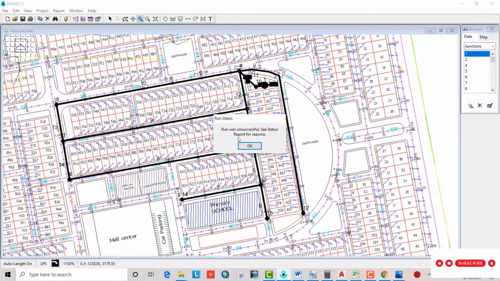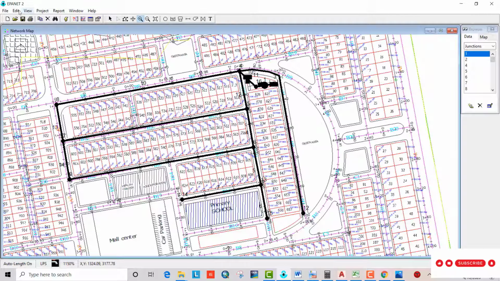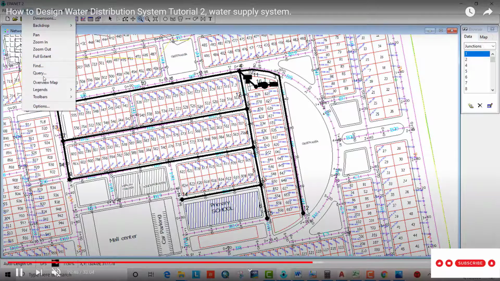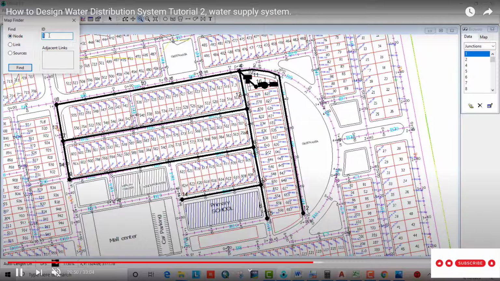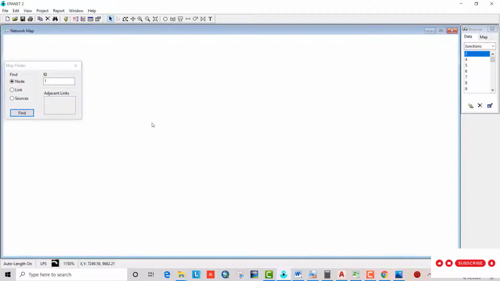Run. Run was unsuccessful. What's the problem? There is a node unconnected. Let's find it. View. Find node 1. Yes, that's node 1, which is not connected. You can delete it. Yes.